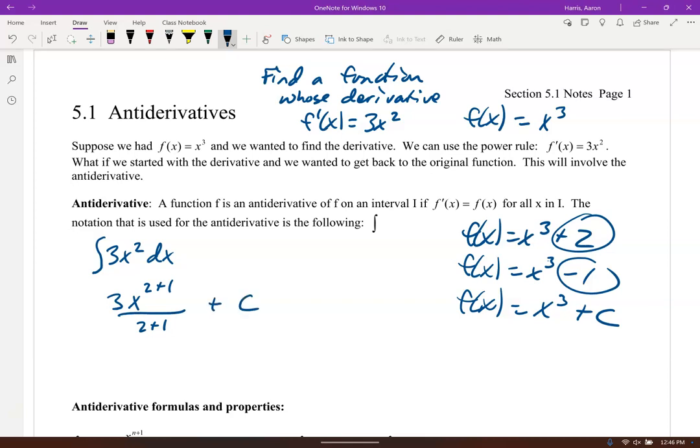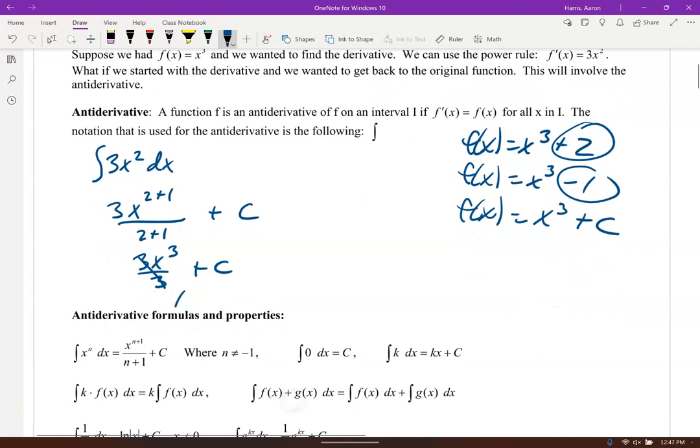And then we just attach a constant to the end. So this just ends up being 3x to the third all over 3 plus a constant. In other words, x to the third plus the constant is our original function. That's the function whose derivative is 3x squared. And that capital C just means it can be any constant, right? It could be 0, it could be 2, -1, whatever it is, its derivative is 3x squared. Okay? So that's our power rule for antiderivatives.